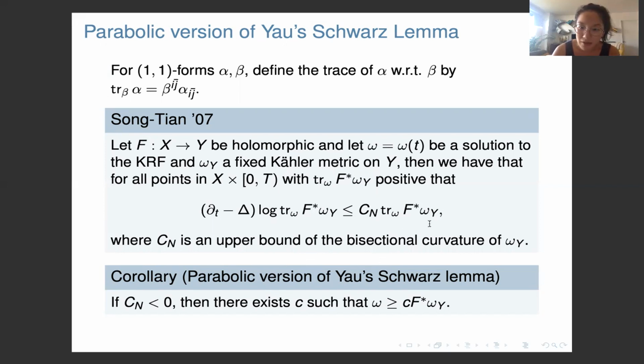Once you have an upper bound on this trace, that is equivalent to saying that you get a lower bound on omega with respect to this pullback of omega_y. These types of inequalities are fundamentally the tools we have to prove the bounds along the flow.